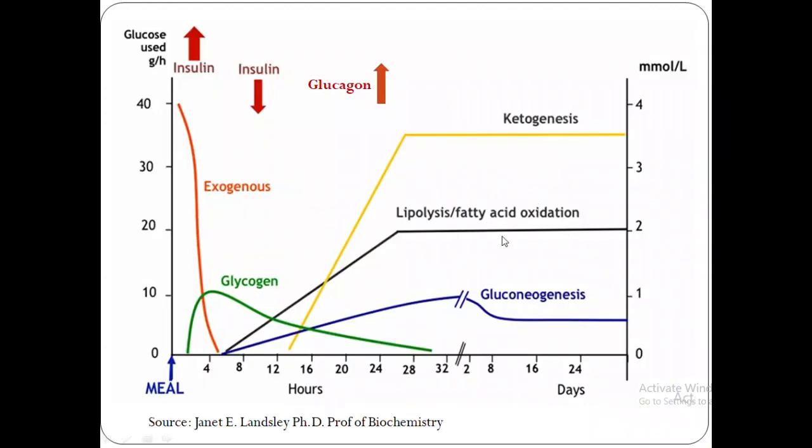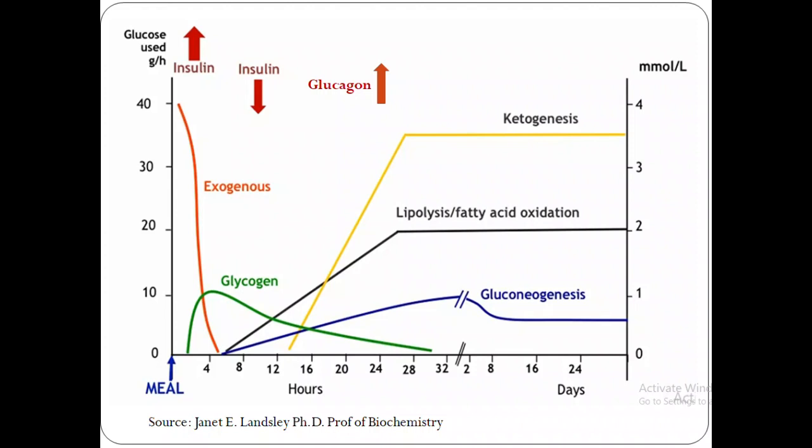We begin by looking at this graph, and we will see how we maintain blood glucose level with time. In this graph, time 0 is having consumed the last meal and assuming that meal has some carbohydrate.